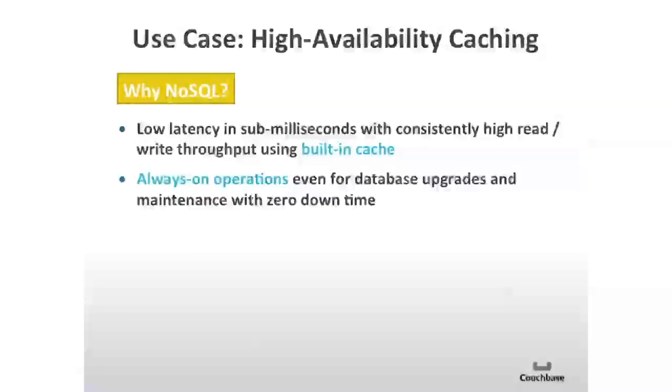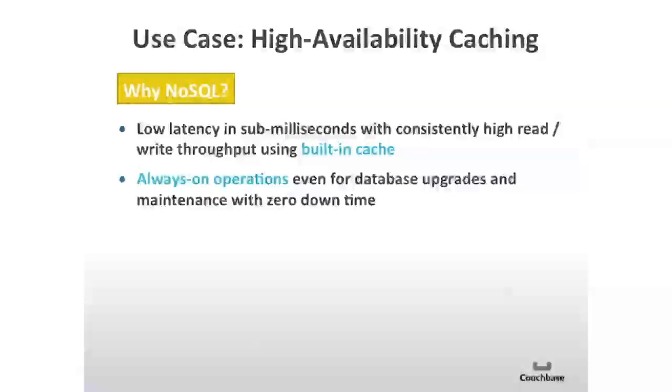What are the features they use for high availability caching? Some of the features I mentioned are the built-in in-memory cache and always-on operation. If you attended the Couchbase introduction, they talked about how all operations in Couchbase happen in memory first, and if you have a replica configured in a cluster, the replication happens in memory, memory to memory.